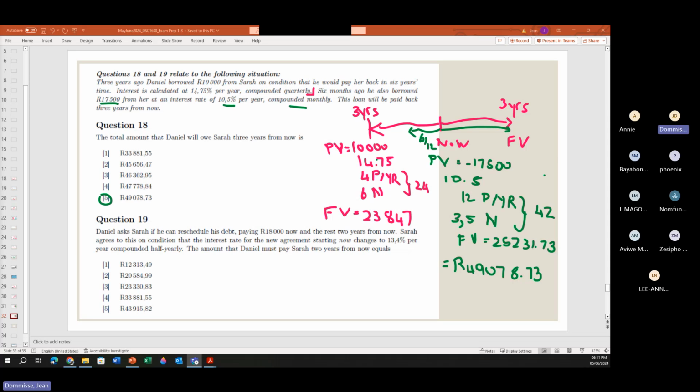So yeah, this question is basically a compound interest question. This is purely a compound interest question, where you're getting 2 periods in which you're borrowing money.